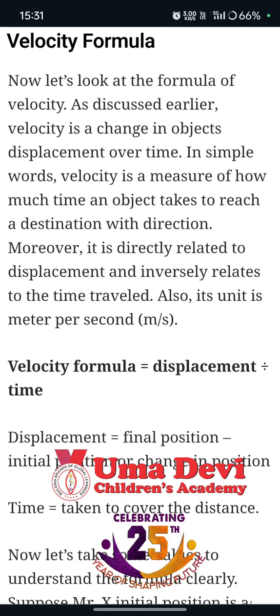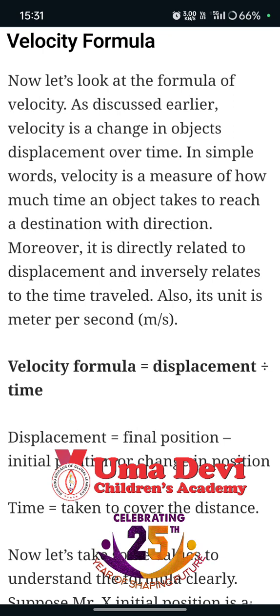Because the displacement is the change in position, and in order to measure the change in position, you will also need meter. So the velocity formula will be displacement upon time. And what is displacement? Displacement is net change in the position.